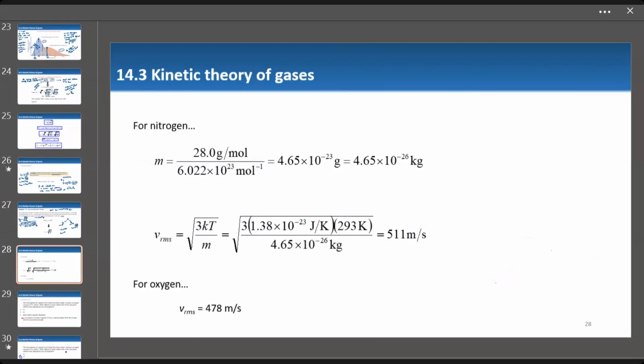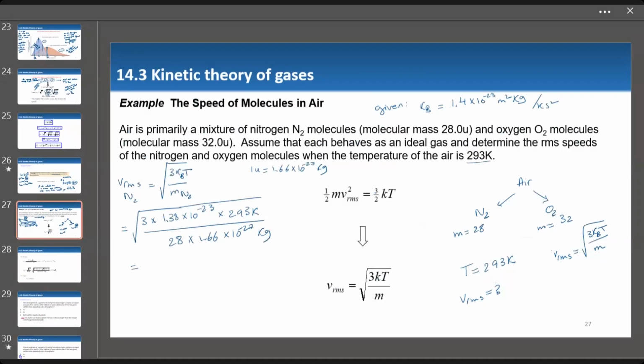So this should be 511 for nitrogen. You can make a similar study for oxygen. Just substitute the mass of the oxygen molecule instead of the mass of the nitrogen. Any questions?